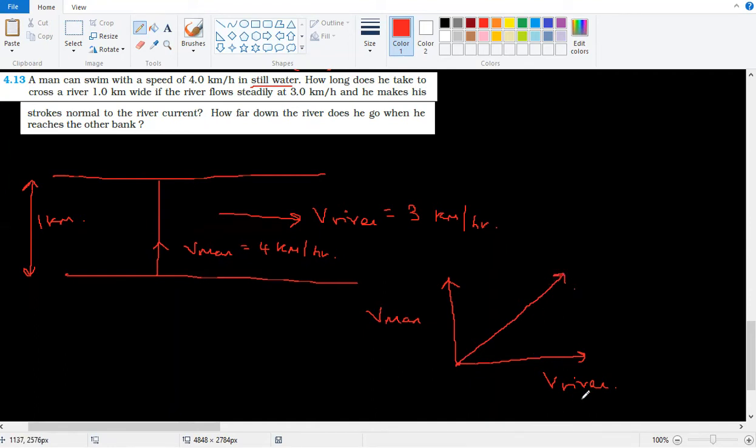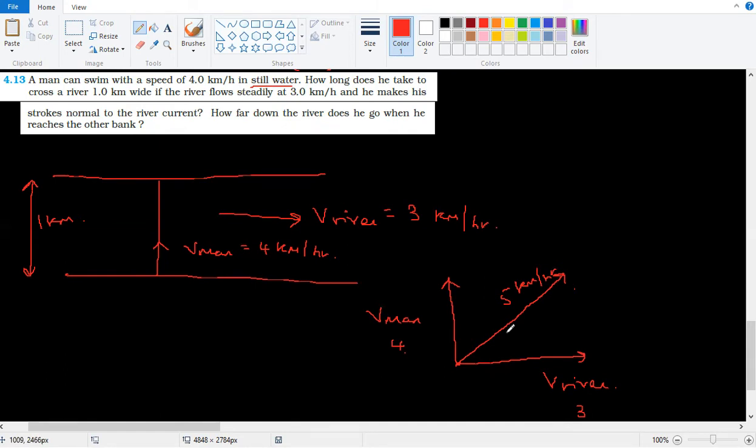So this is 3 kilometers per hour, this is 4 kilometers per hour, which means this has to be 5 kilometers per hour. The resultant magnitude will be this way, because the river is also pushing him this way. Using the Pythagoras theorem, whenever you see 3, 4, you can say that the other side is 5. So, Pythagorean triplets.